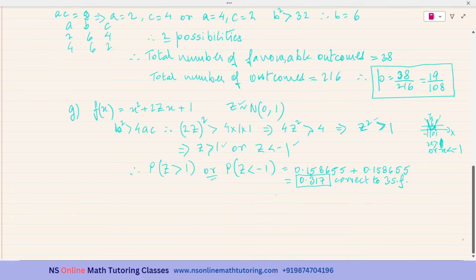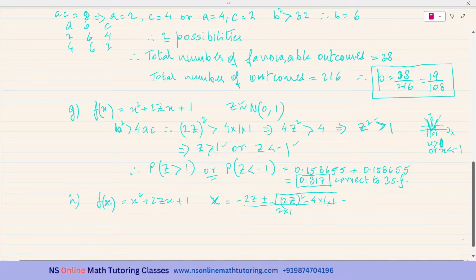So for H, f of x was equal to x squared plus 2zx plus 1. If you have to solve for x, x is equal to minus b, which is minus 2z, plus or minus the square root of (2z) squared minus 4 times 1 times 1, over 2 times 1.